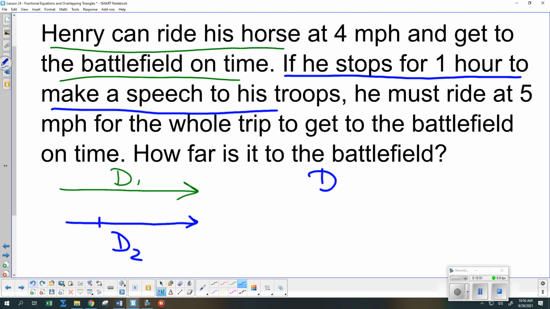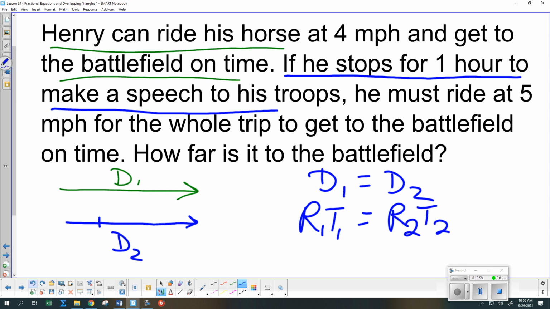We know distance 1 is the same as distance 2, so rate times time are the same for both 1 and 2. Then we're going to fill in what we know. So for the first one, for D1, his rate is how much? 4 miles per hour, and he gets there on time, whatever that is.